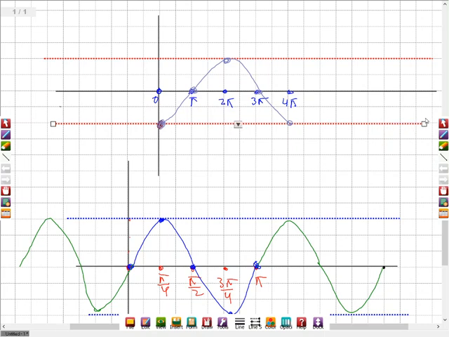Use a different color. Okay. Red from here to here. Let me fix it.